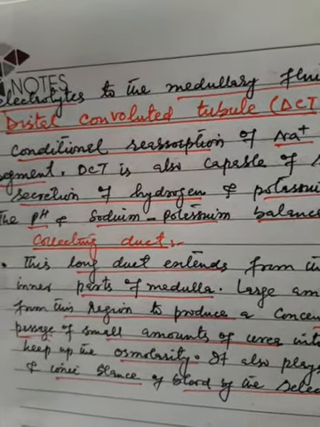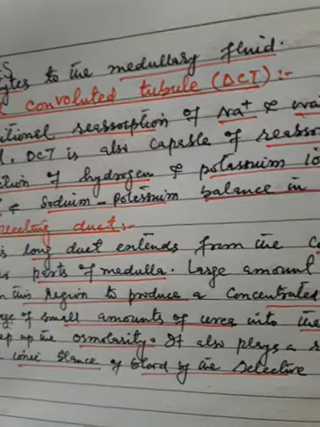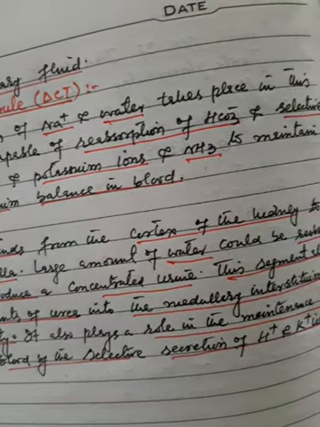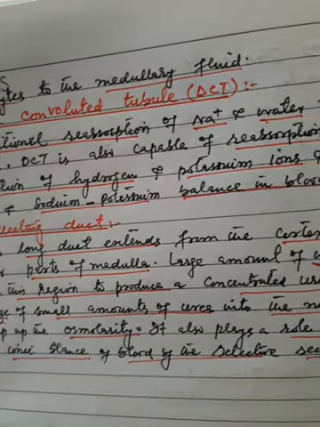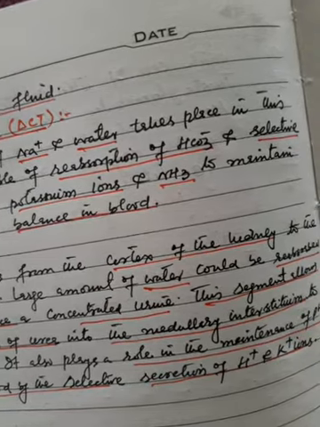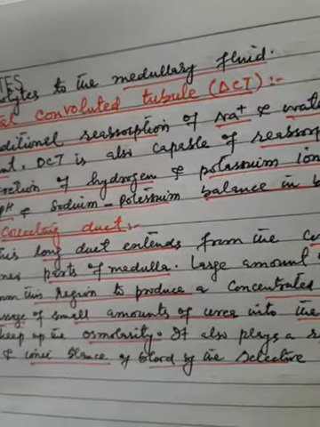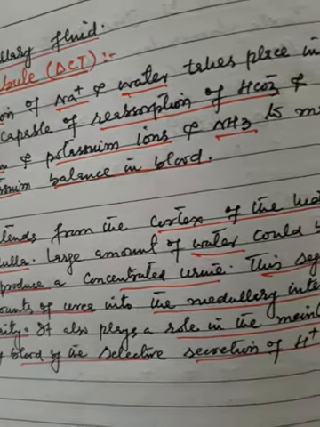Collecting duct. This long duct extends from the cortex of the kidney to the inner parts of medulla. A large amount of water could be reabsorbed from this region to produce a concentrated urine.